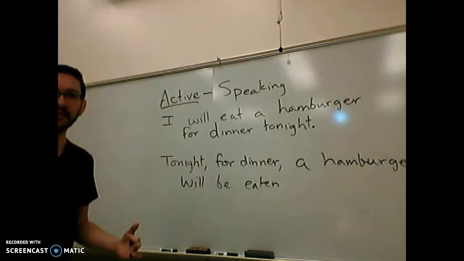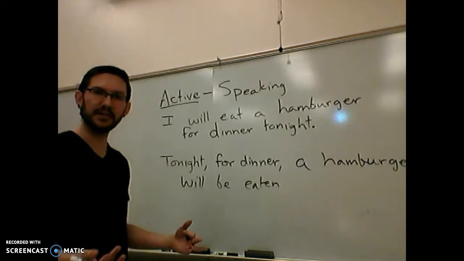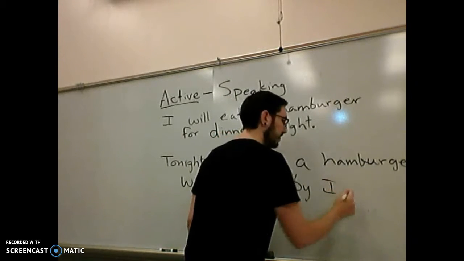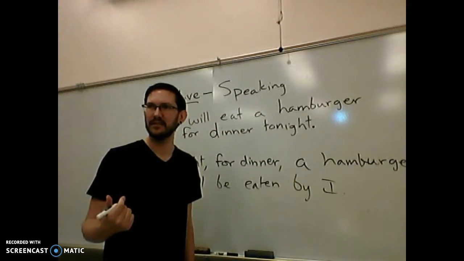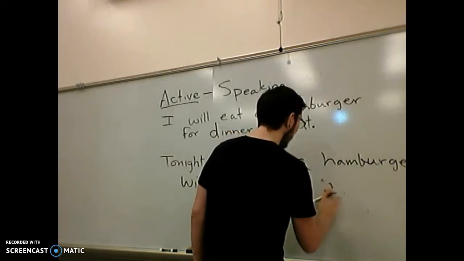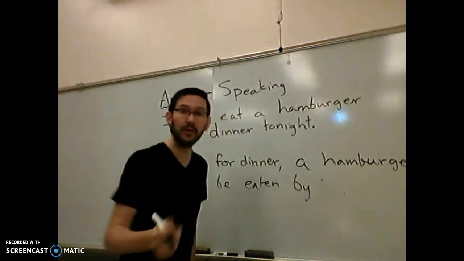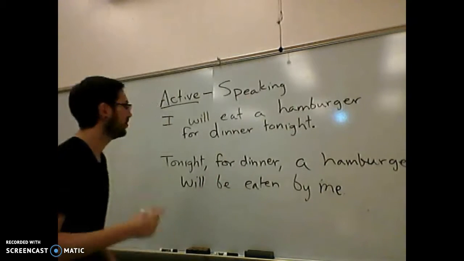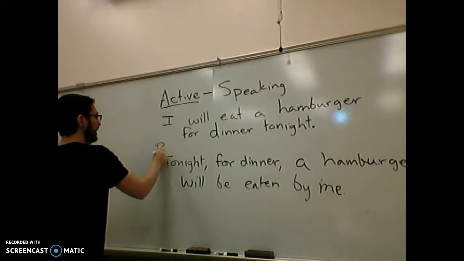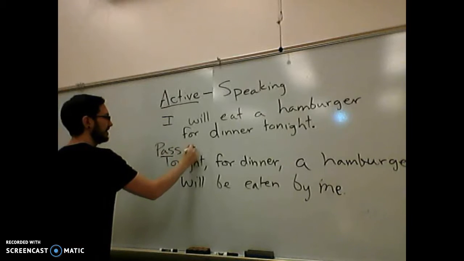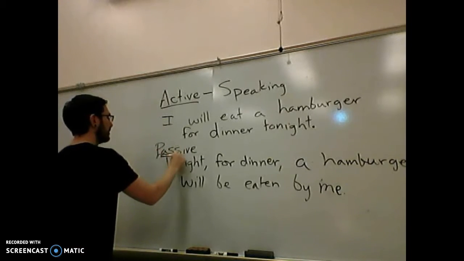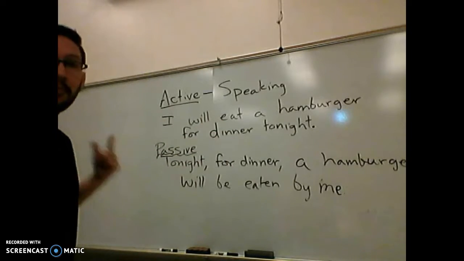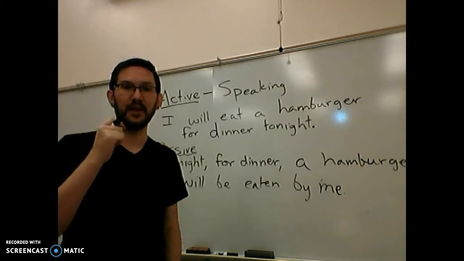And who's going to do it? You are. So, will be eaten by I, right? No, not right. Okay. Yeah, a hamburger will be eaten by me. Great. We have now made a passive sentence. So tonight, for dinner, a hamburger will be eaten by me.